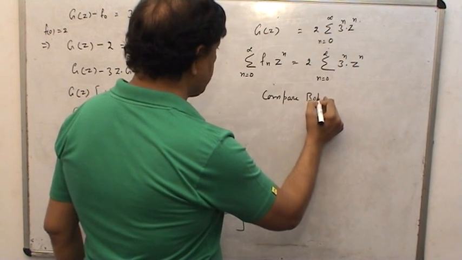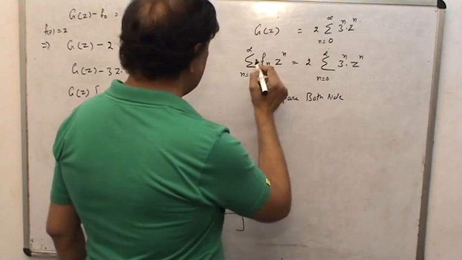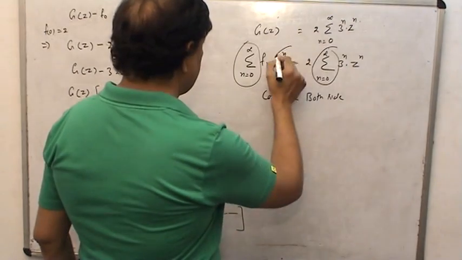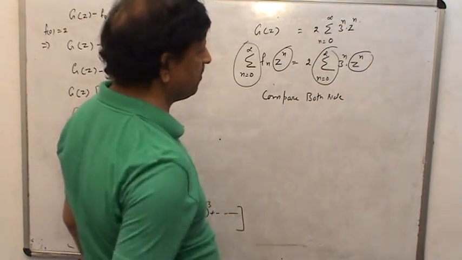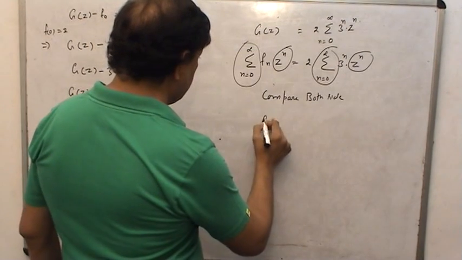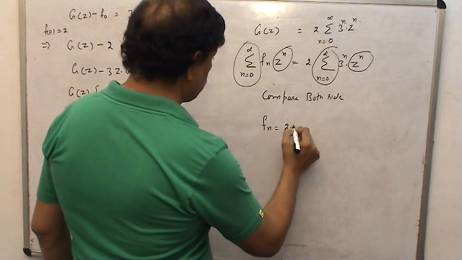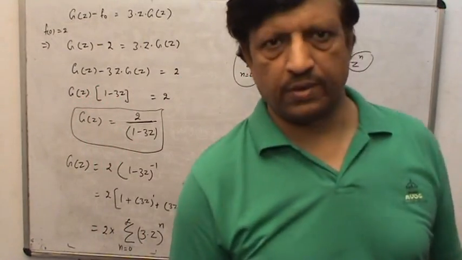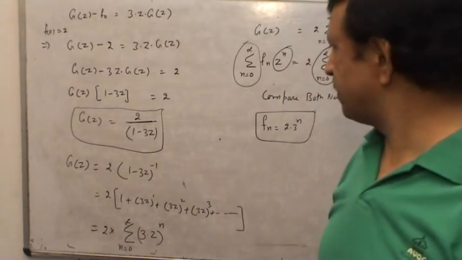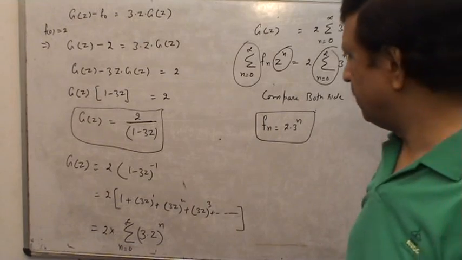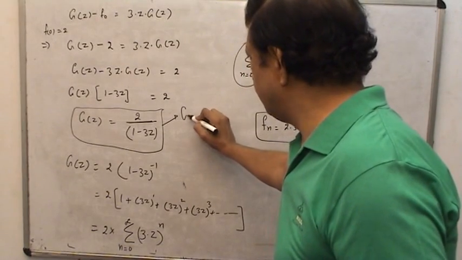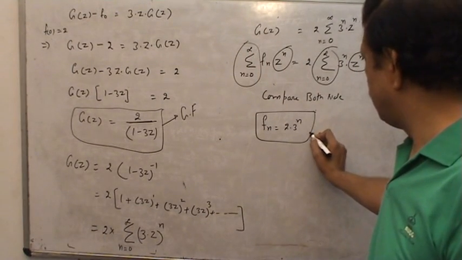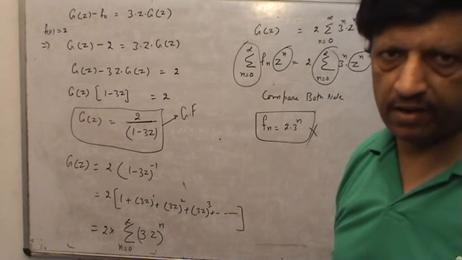Then we see sigma in front of sigma, z raised to the power n in front of z raised to the power n. What are the remaining terms? That is fn is equal to 2 into 3 raised to the power n. It is the solution of the given recurrence relation by using the generating function. It is the generating function, and with this help we have found the solution for the given recurrence relation.